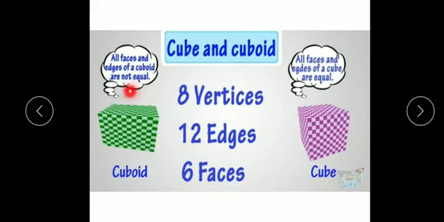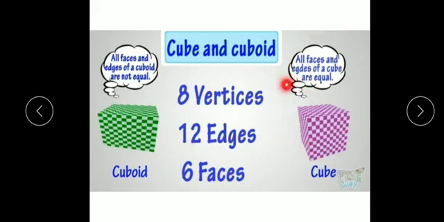Children, each face of a cuboid represents a rectangle, but each face of a cube represents a square. So both of these have 8 vertices, 12 edges and 6 faces.